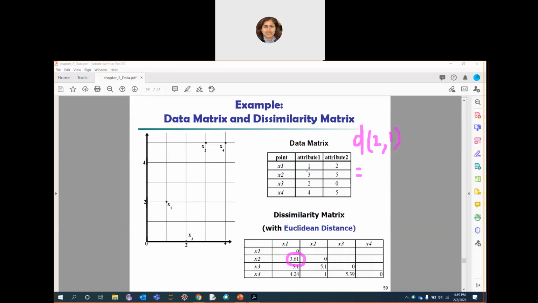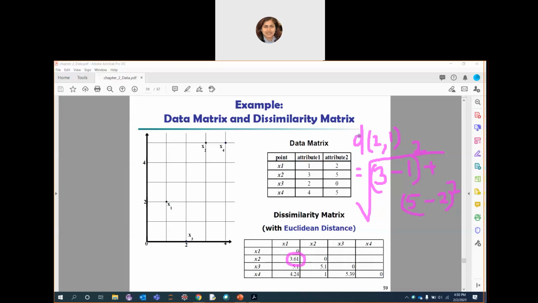What is the attribute 1 value for object 2? That is 3. What is the attribute 1 value of object 1? That is 1. You just have to subtract them. Here it is Euclidean distance, so you will use h equal to 2, or the power 2. Add the difference between attribute 2, that is 5 and 2, so 5 minus 2 squared. Then you need a square root. When you calculate that, you will have the value 3.61.